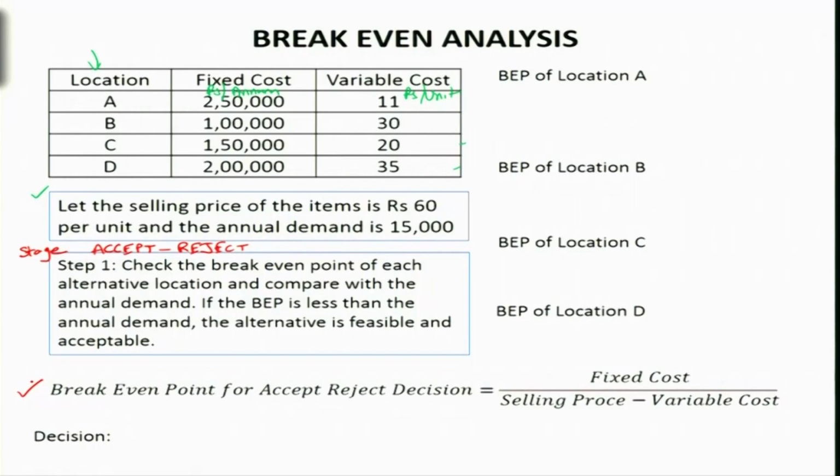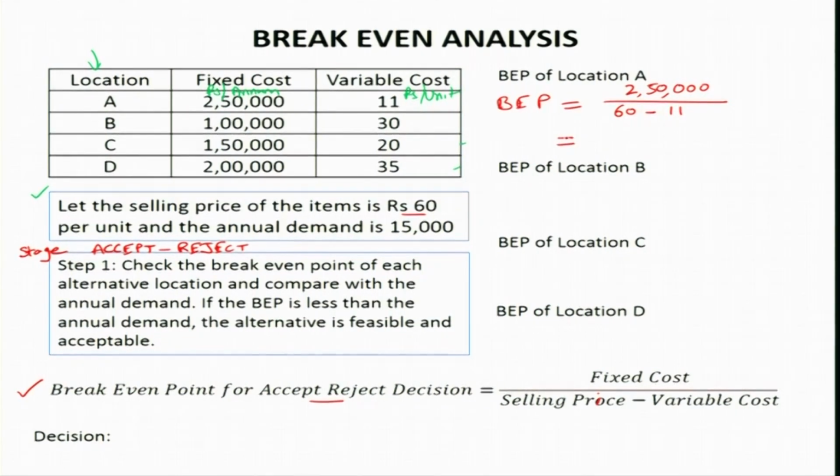So, let us calculate. The formula for calculating the break even point is written here. The break even point for the accept reject decision is equal to fixed cost divided by selling price minus variable cost. For location A, our fixed cost is 2,50,000, selling price is rupees 60 and the variable cost is rupees 11.